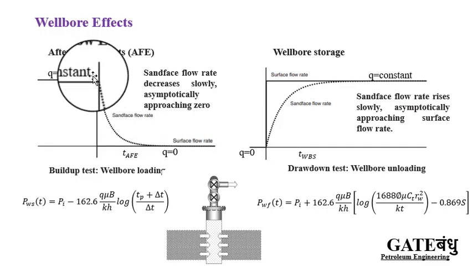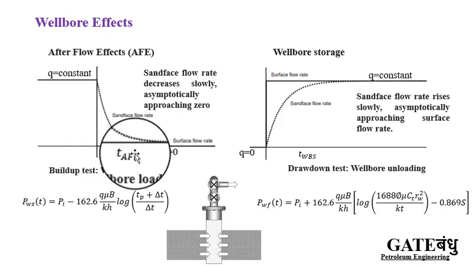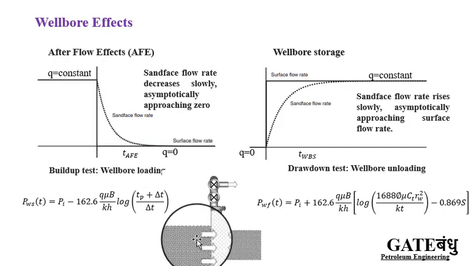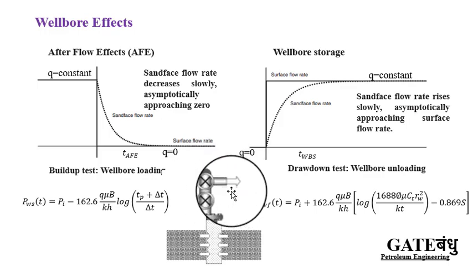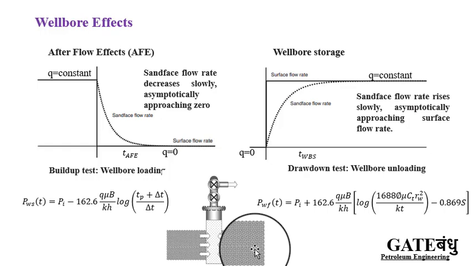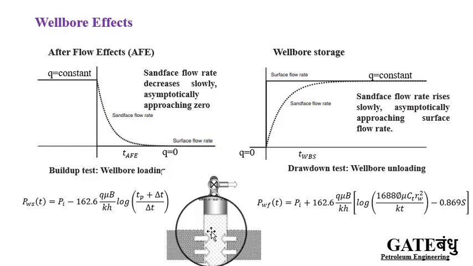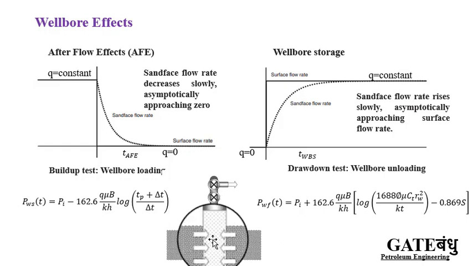We are shutting the well at the wellhead. In the build-up, the fluid is continuously producing. When we suddenly close the well from the wellhead, the fluid at the sandface is still continuing to enter into the wellbore. This is the wellbore volume that provides space for fluid to enter inside the wellbore.